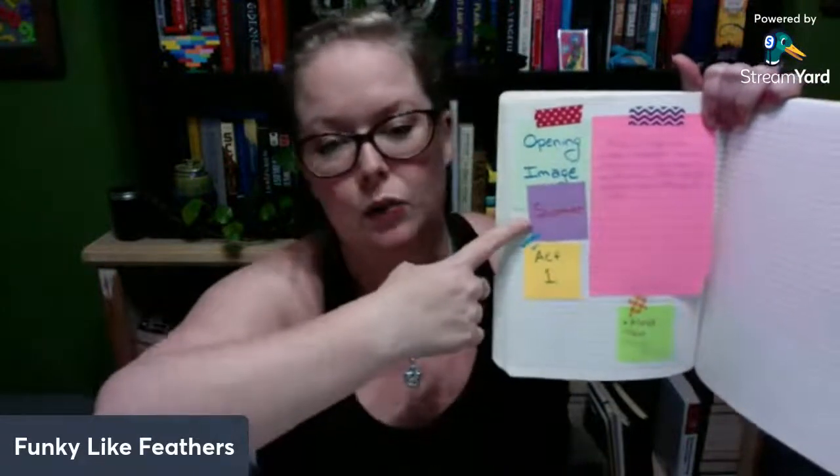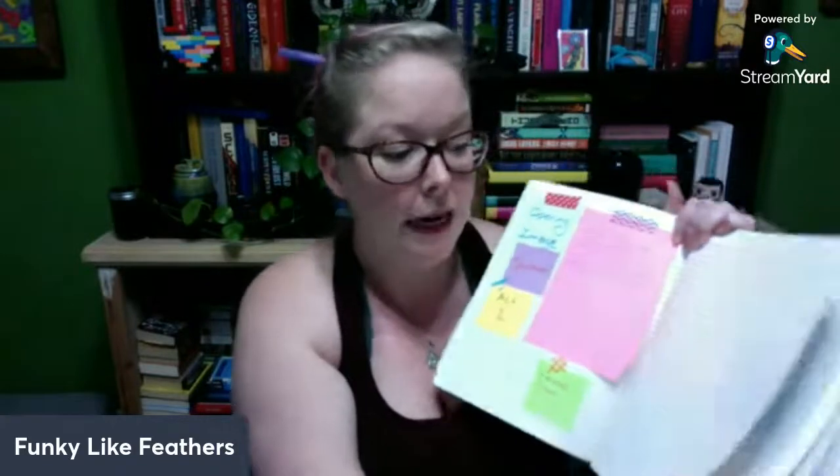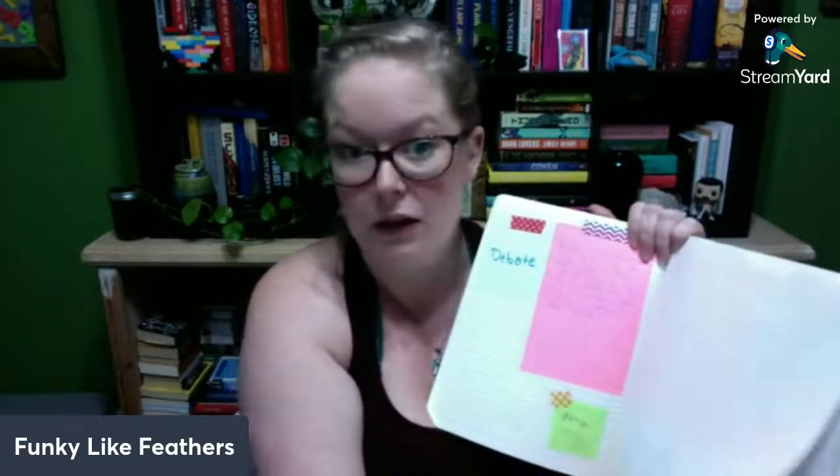It tells me what season it's starting in, summer. It's in Act 1. These are the characters involved in that scene. And then this is a small bit of information to tell me what's supposed to be happening at that plot point. Okay. Then as I go through each of the plot points, I tell myself what the plot point is, what's happening, and who's there, so I can keep track of what characters are in each scene, right?